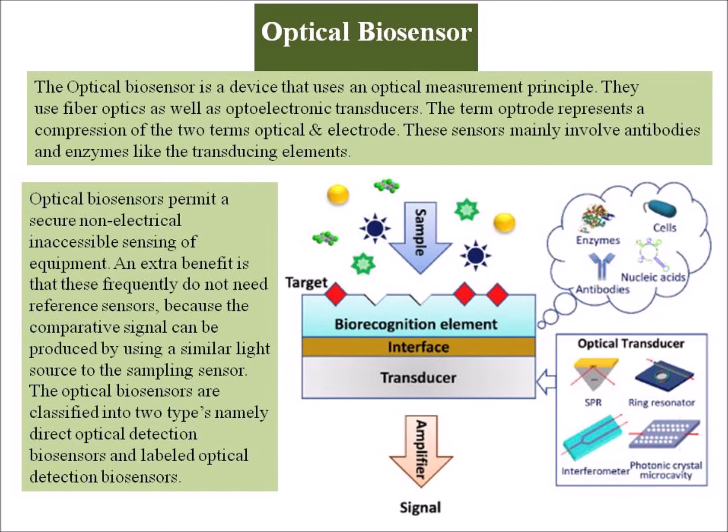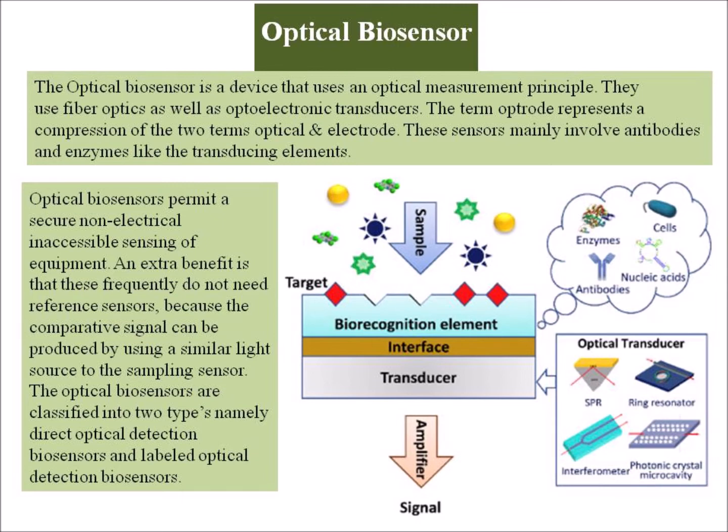Optical biosensors are devices that use an optical measurement principle. They use fiber optics as well as optoelectronic transducers. The term optrode represents a compression of the two terms optical and electrode.